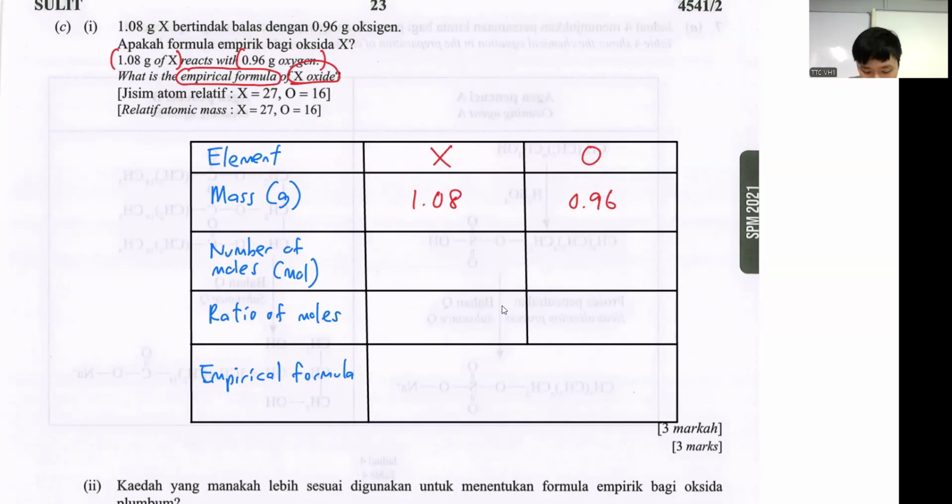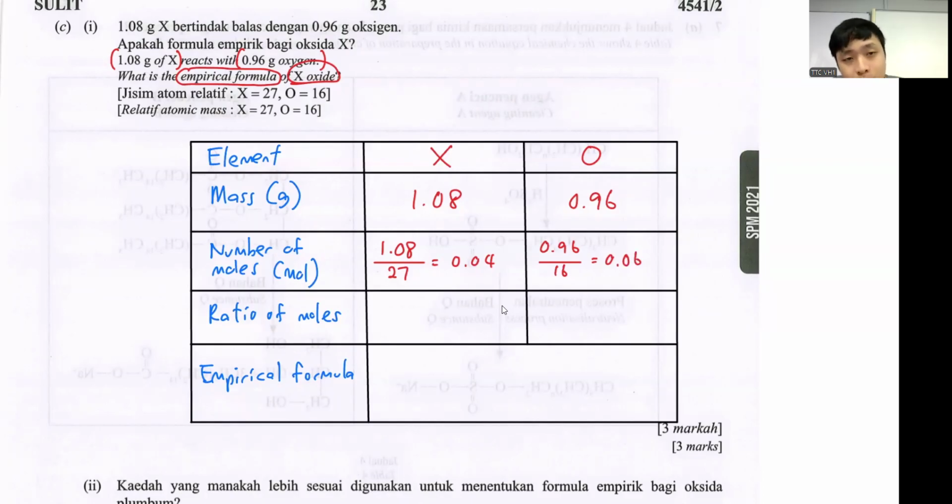And then number of mole: mass over molar mass. So 1.08 divided by 27, they give you X is 27. You will get 0.04. O is 0.96 divided by 16. You will get 0.06.